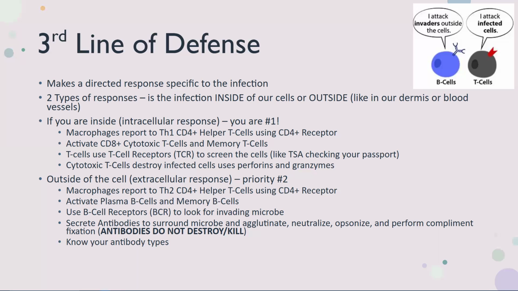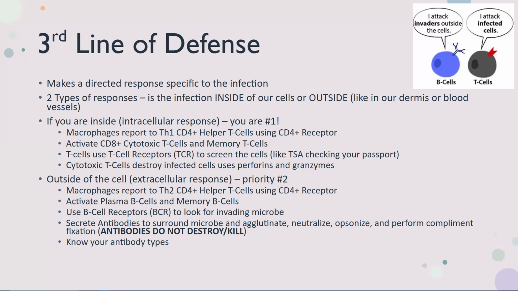These T cells will then use the T cell receptors to go and start screening, checking all of the cells. Remember that MHC1, making sure that the cells are okay and they're healthy and that they're your cells, or to see if there's any abnormalities, either genetic mutations in the MHC1, or sometimes if it's a virus, sometimes the viral spike protrudes, and that's what gets screened by the T cell.